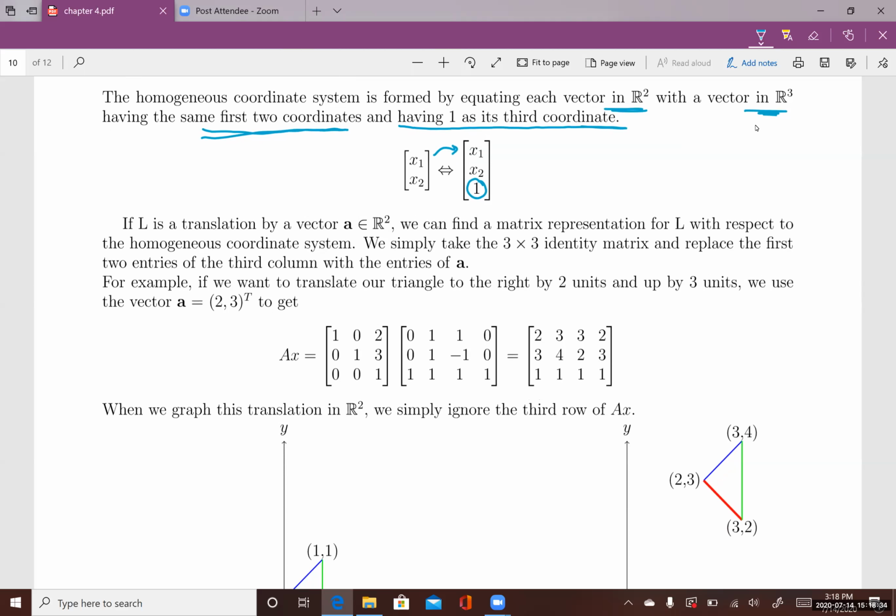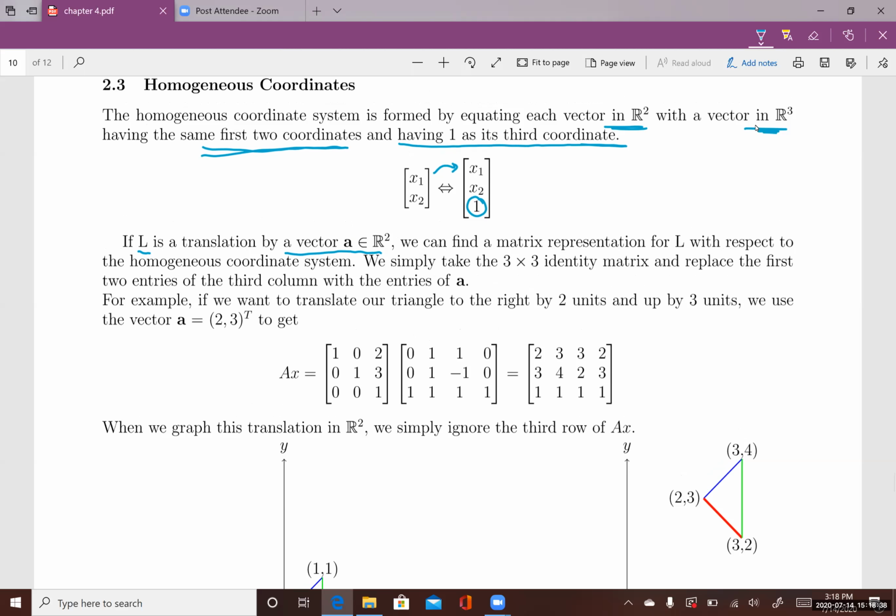So then if L is a translation by a vector A in R2, we're still working in the 2-dimensional space for our graphics. We can find a matrix representation for L with respect to the homogeneous coordinate system, and it has to be a 3 by 3 matrix.